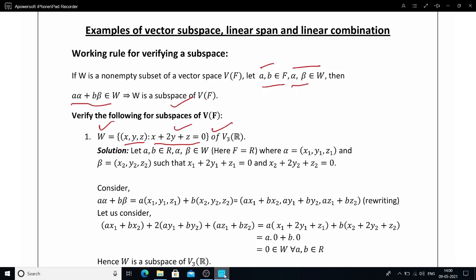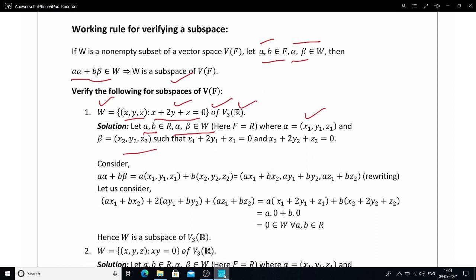Let alpha, beta belong to W. A and B belong to F. Here F is a real field. Since it is an ordered triple, we denote alpha as x1, y1, z1, and beta as x2, y2, z2.